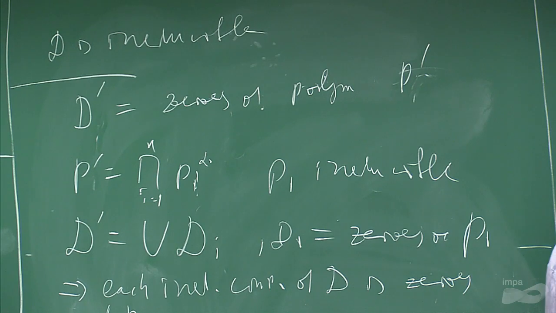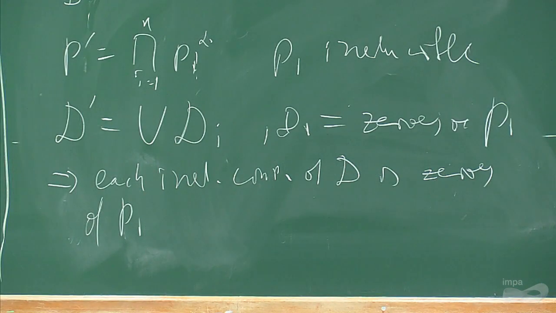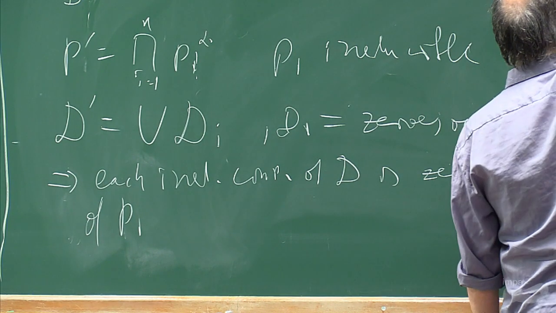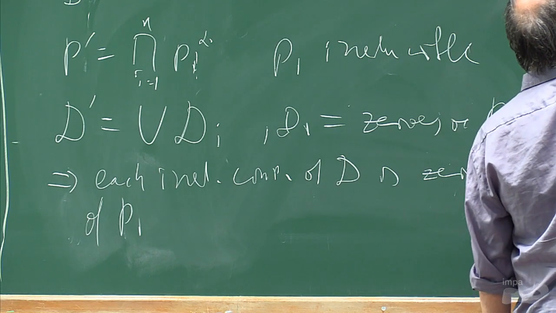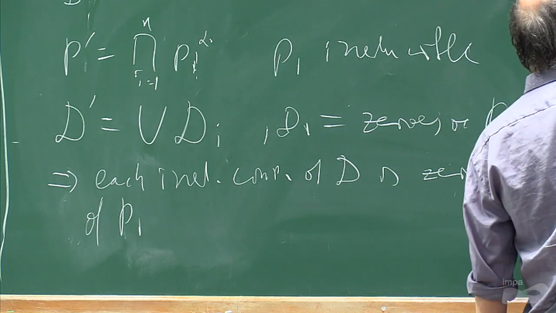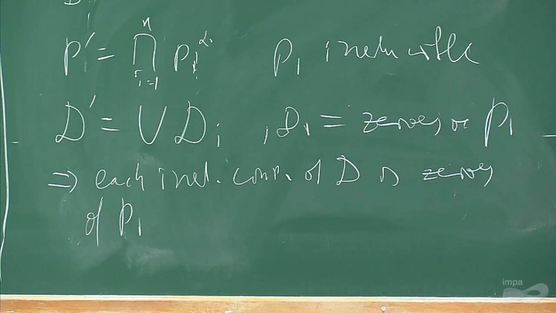Okay, now let's prove this proposition. I'm going to use it, so it's proposition 1. Suppose you have D inside Cn, an irreducible divisor.